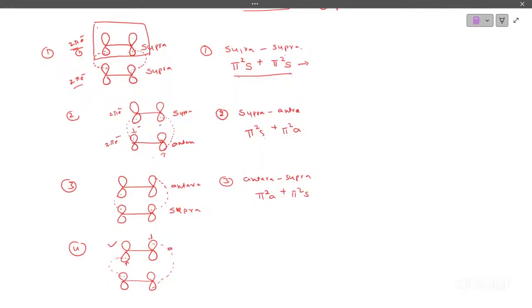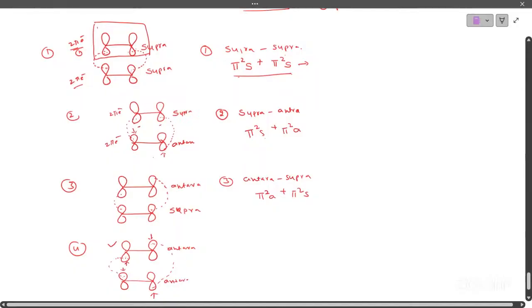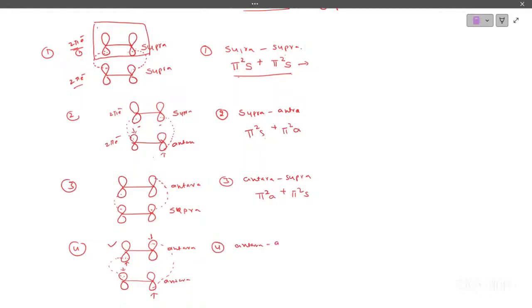Now coming to here, in the second phi system, this lobe and this lobe are involved in the interaction. Then what is the status of existence? Yes, this is also opposite. Therefore, this is antara. Now the fourth stereochemical mode is antara-antara, that is pi 2a plus pi 2a.